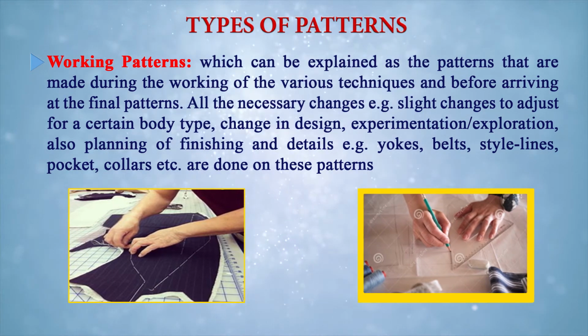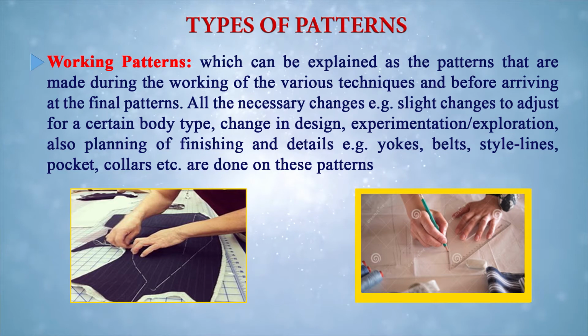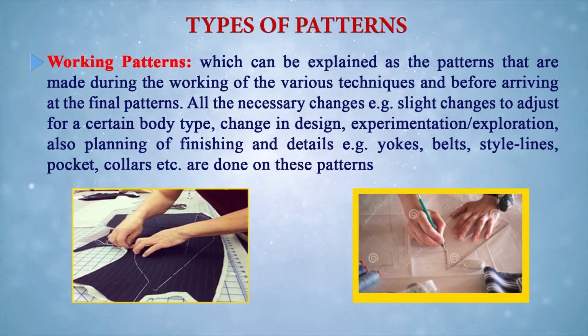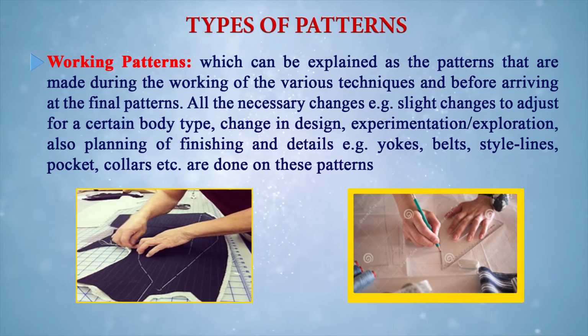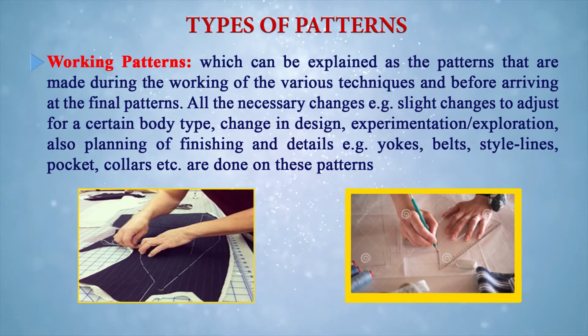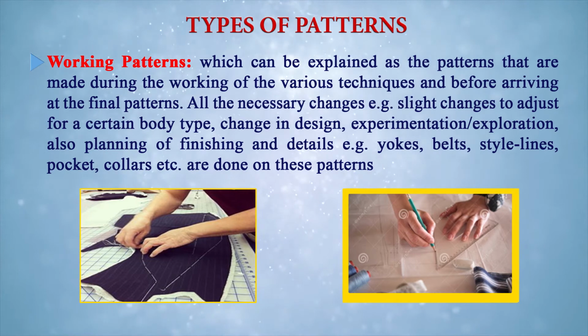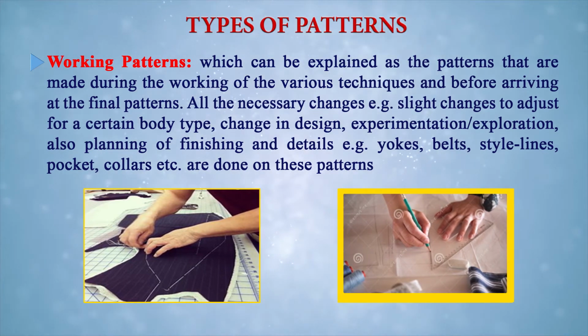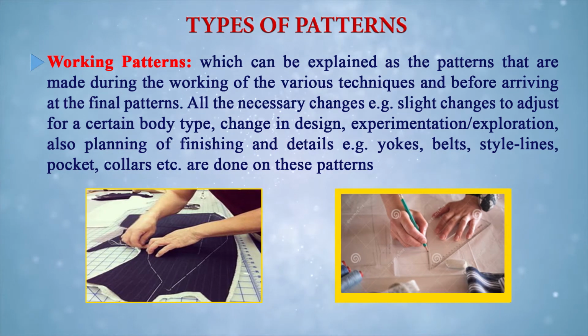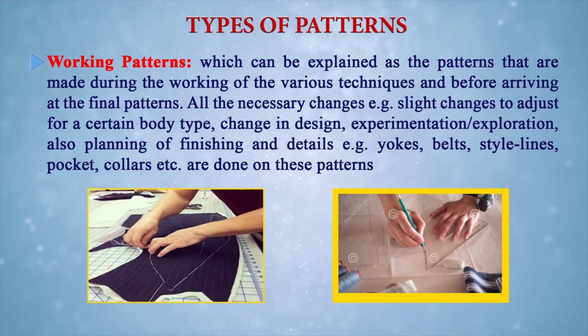But in the working pattern, we can do all the necessary changes. We can slightly change things to adjust for a certain body type. We can change the design according to the design we have developed. We can experiment with that particular working pattern.